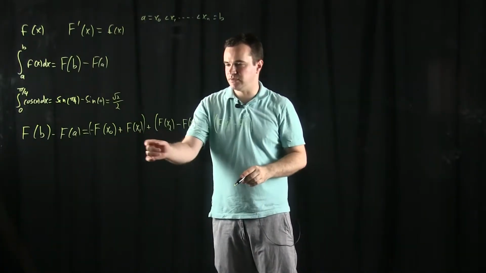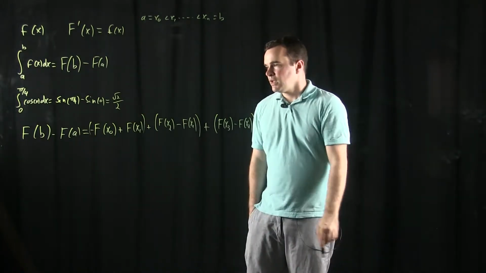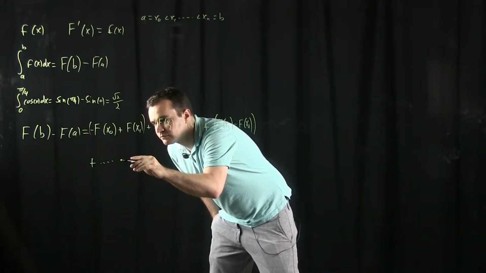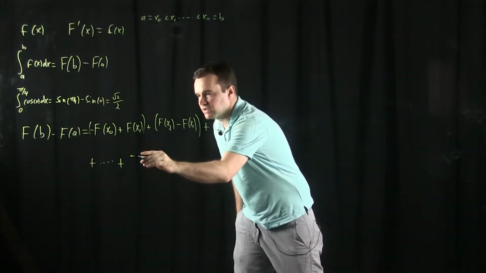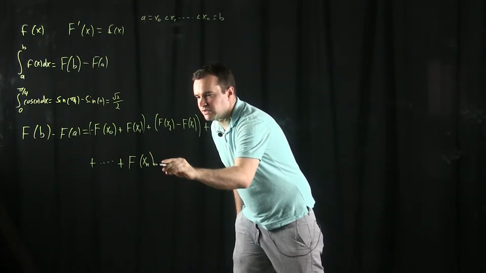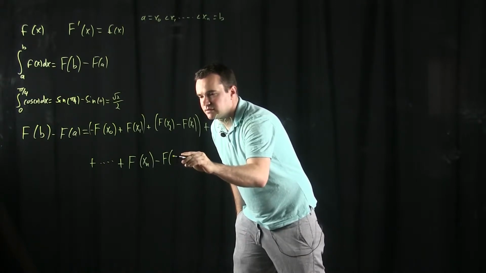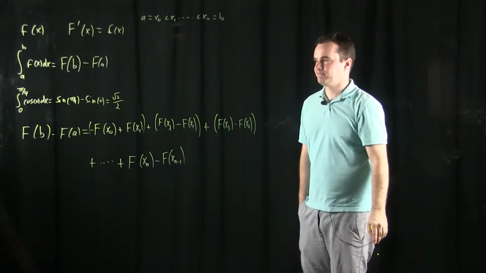So x0, x1, x1, x2, x3, x2, and so on and so forth, until I get all the way to the end, to F of xn minus F of xn minus 1.